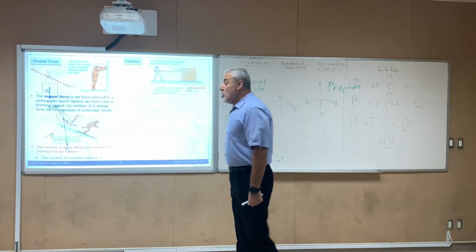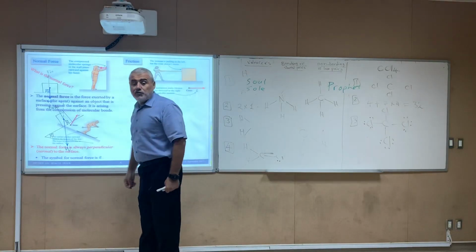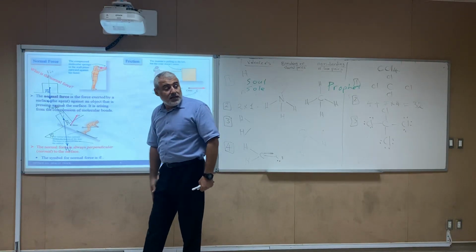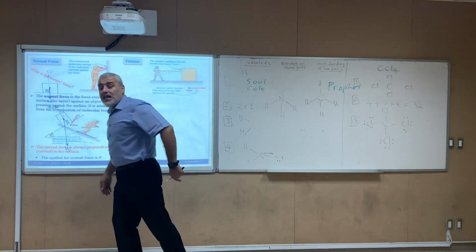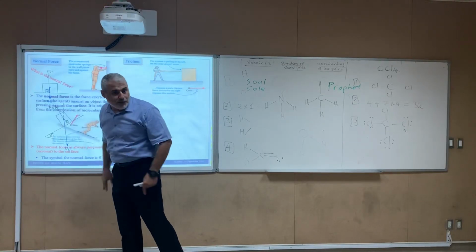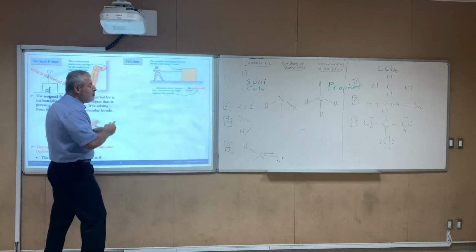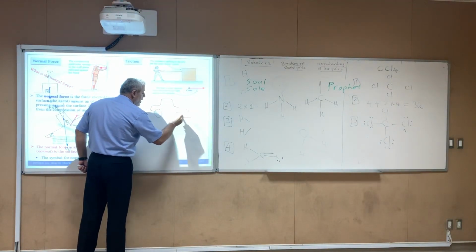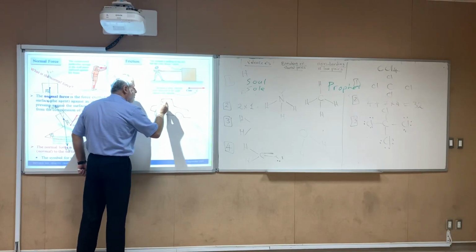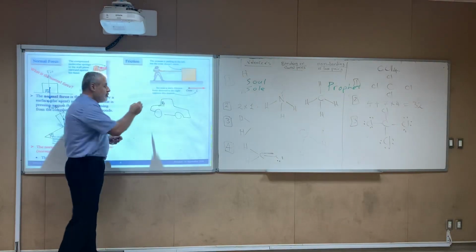And see, when you walk, listen to me, in my shoe I push the floor backward, and the floor will push me forward. Just like the car. Let me draw for you. This is the car, and this is the driver, okay? When the driver moves forward, what happens?